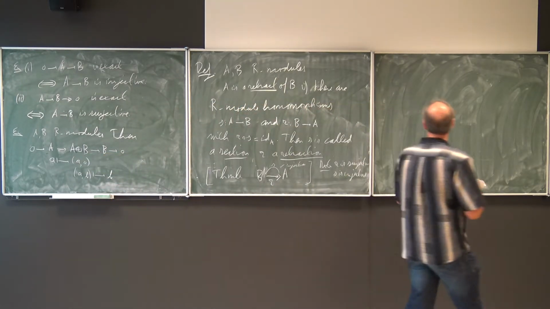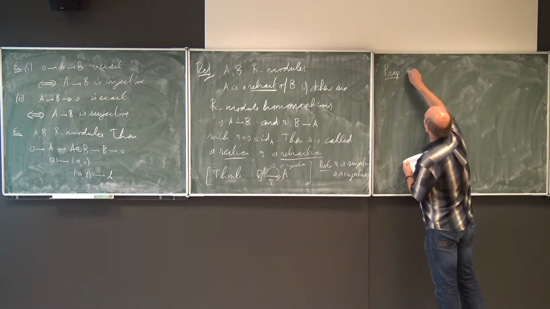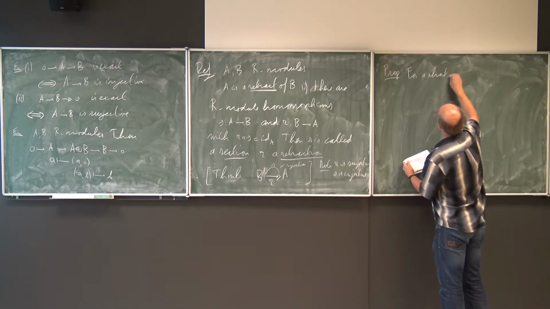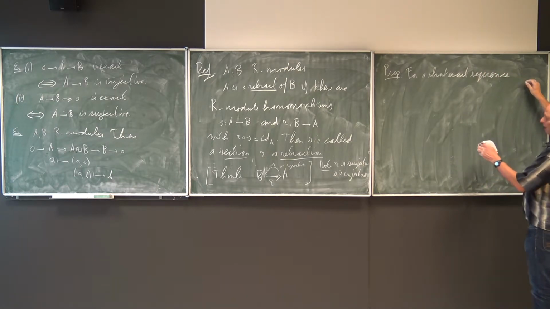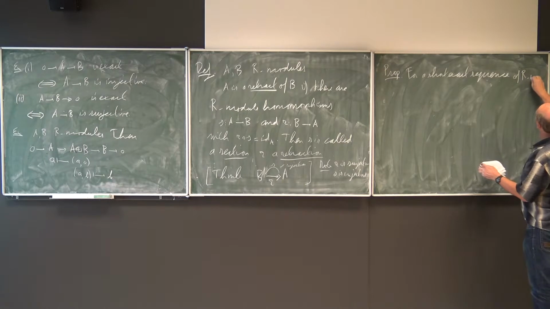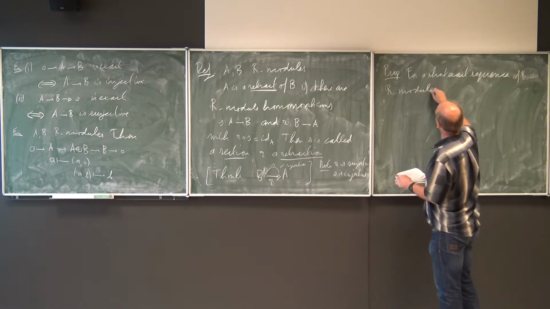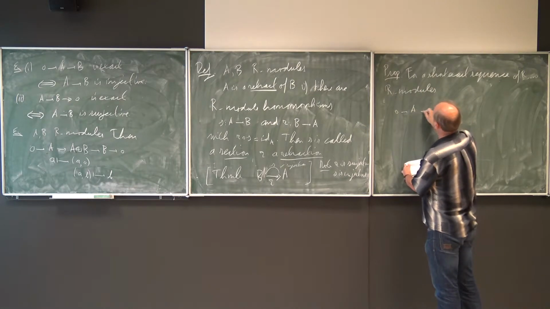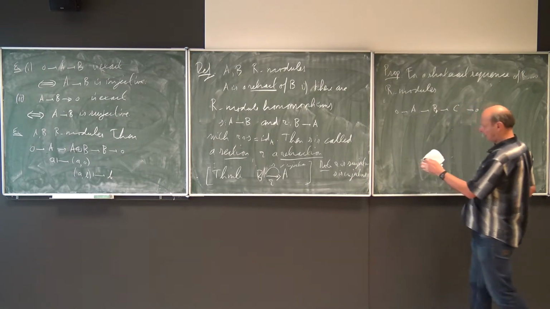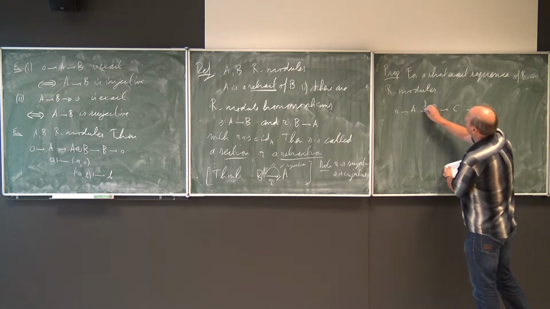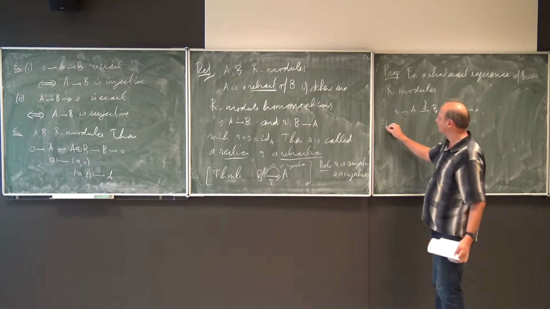Proposition: for a short exact sequence of R modules, 0 goes to A, goes to B, goes to C, goes to 0. And we have to give the maps a few names, so this will be F and this will be G. The following are equivalent.